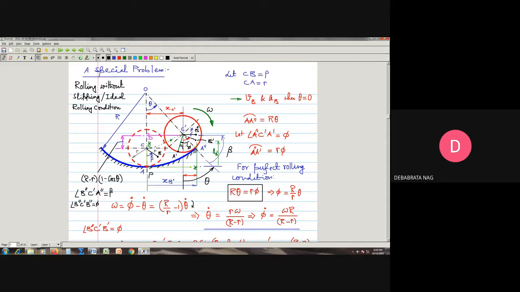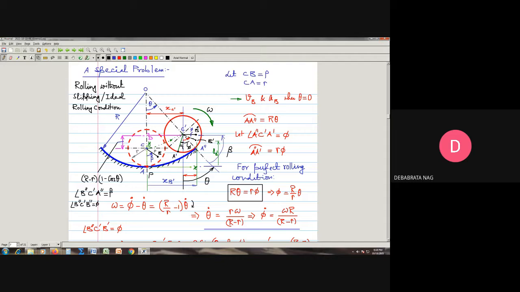When you are measuring, you come to this line, this much angle is theta. To it you need to add this remaining angle here. How much is this remaining angle? From here, altogether it is beta, as shown, and then we have this backtrack angle due to rotation, which is phi.